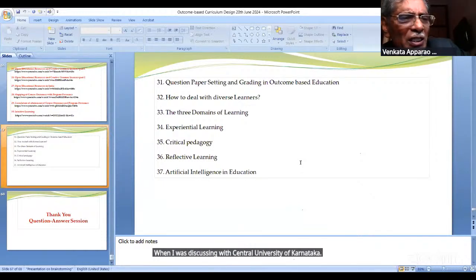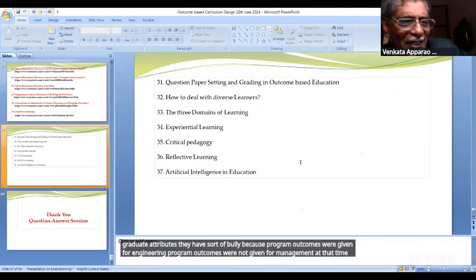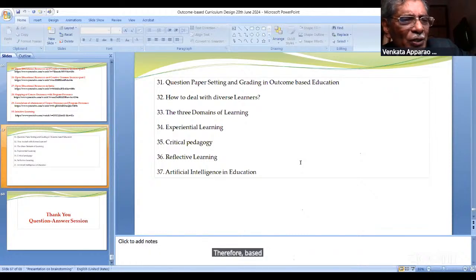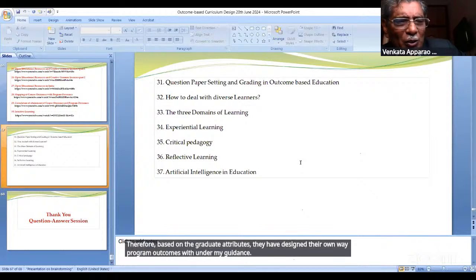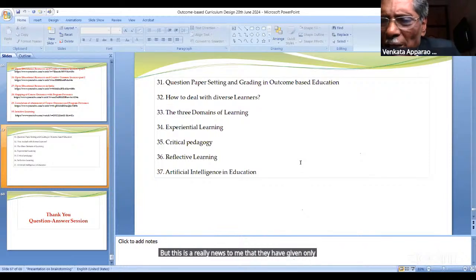Program outcomes were given for engineering, but not for management at that time. Therefore, based on the graduate attributes, they designed their own program outcomes under my guidance. But this is really news to me, that they have given only 6 program outcomes.